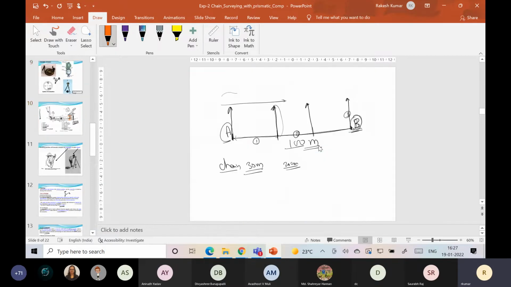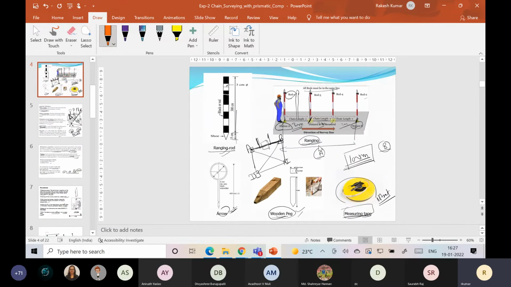This is my question, because I have this measuring tape with me. Can I replace the chain with the measuring tape? Because I'm only using the measuring tape to measure the offsets, nothing else. So why am I not using the measuring tape for the main chain length? Are you getting my question, students?